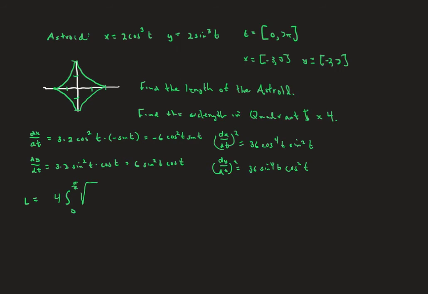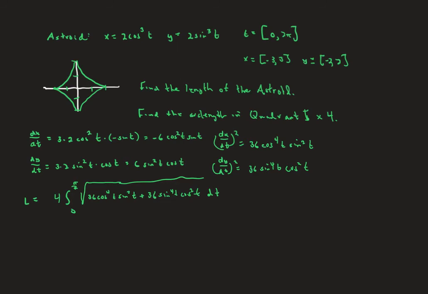Now we're going to take the square root of our dx/dt squared, which is 36 cosine to the fourth of t sine to the second of t, plus 36 sine to the fourth t cosine squared t, and a dt.